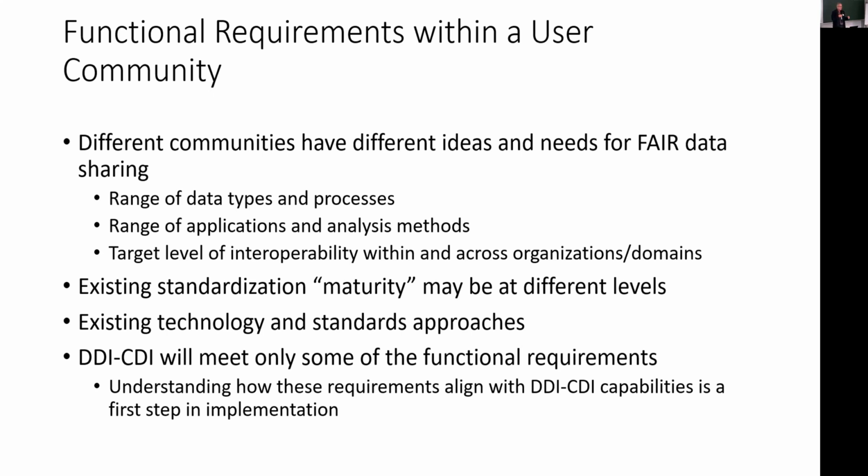But I think part of the implementation guide has to be identifying what you are actually trying to achieve, because DDI, CDI could do more or less depending on what your goals are. I think we're talking about granular metadata with CDI, but even within that range, there are a lot of different things you could do. So some of the things that you want to do won't be supported by CDI, and you need to be able to identify those.